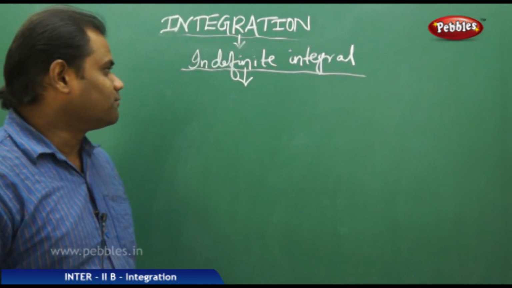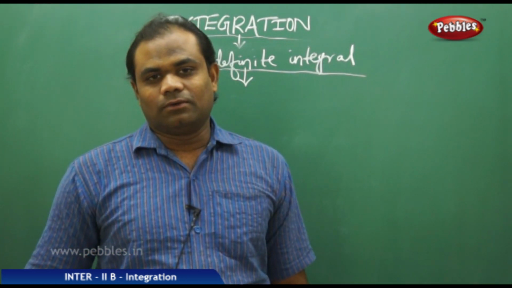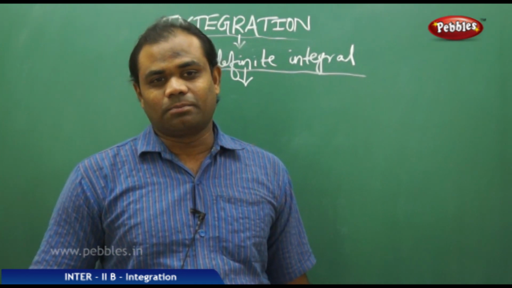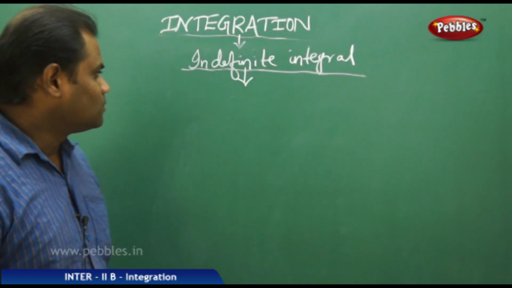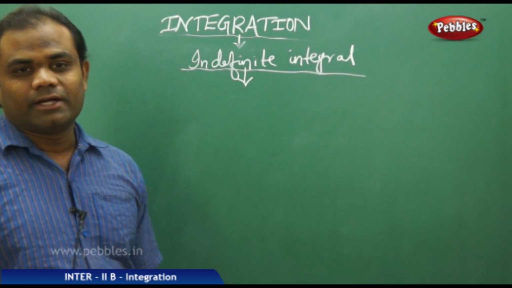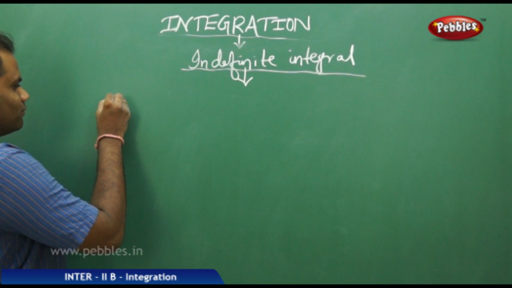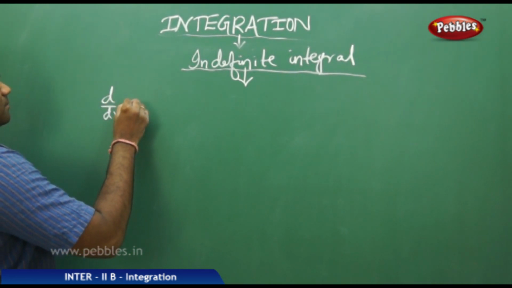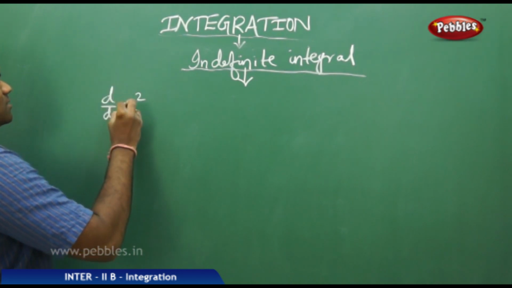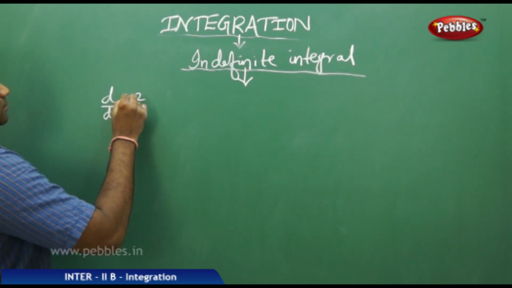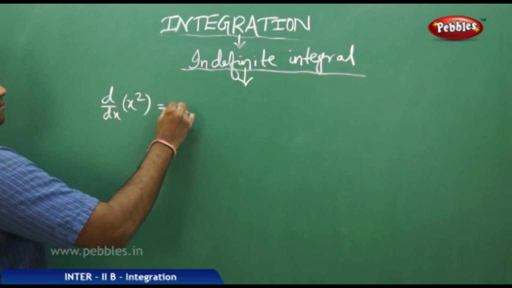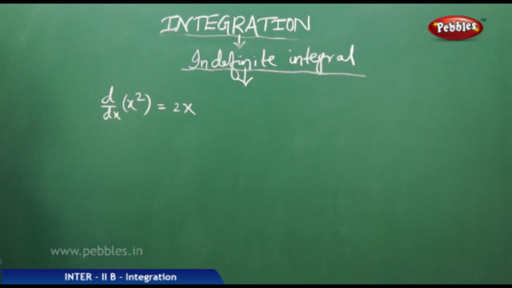Next is indefinite integral. Now the concept of indefinite integral is from where the actual integration topic starts in the syllabus. So what is indefinite integral? As we know that the derivative of, say, x square is 2x, the derivative is written as d by dx.